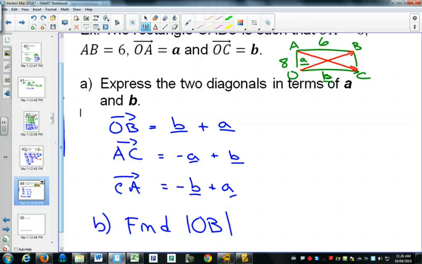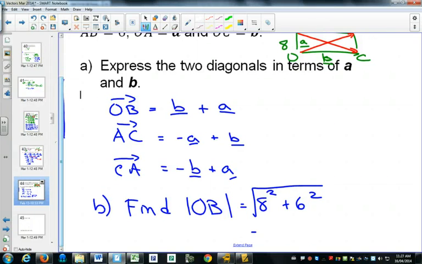Well, since we know the length of vector A and the length of vector B, the length of vector OB will just be the square root of 8 squared plus 6 squared. And that will just be 10.